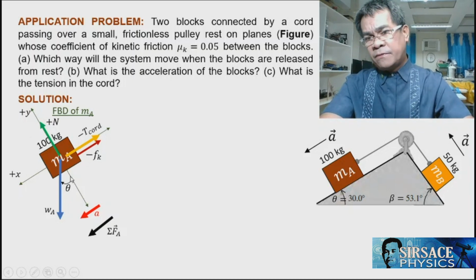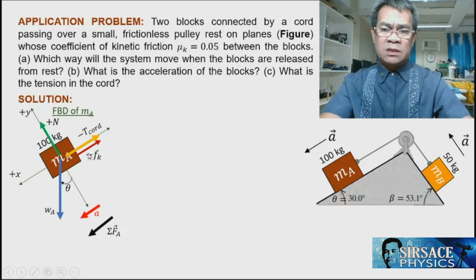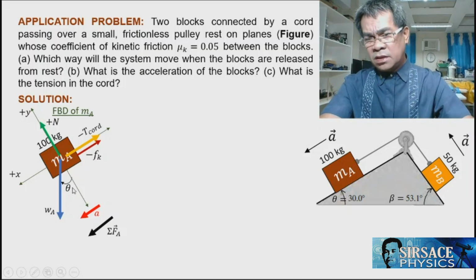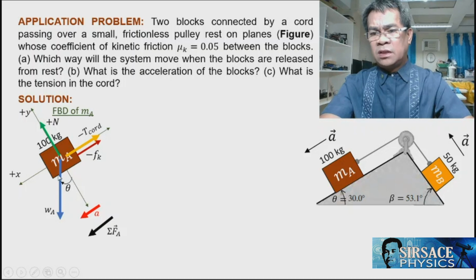If you observe the four forces, the normal force is lying directly towards the positive y, while the tension in the cord is negative, exactly along the negative x-axis, and the friction is also along the direction of the negative x-axis. But our weight has a component along y and along x. So we must resolve this weight force into its components.